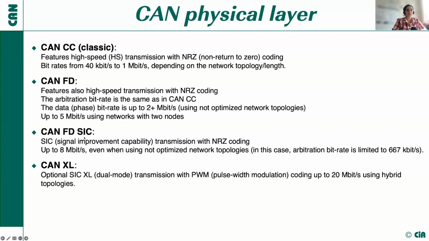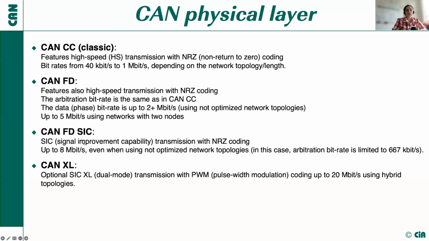The arbitration bit rate in the CAN FD transceiver is the same as in CAN CC, and the data phase bit rate is up to 2 megabit per second or higher when you use non-optimized network topologies, and up to 5 megabit per second can also be achievable using two nodes.